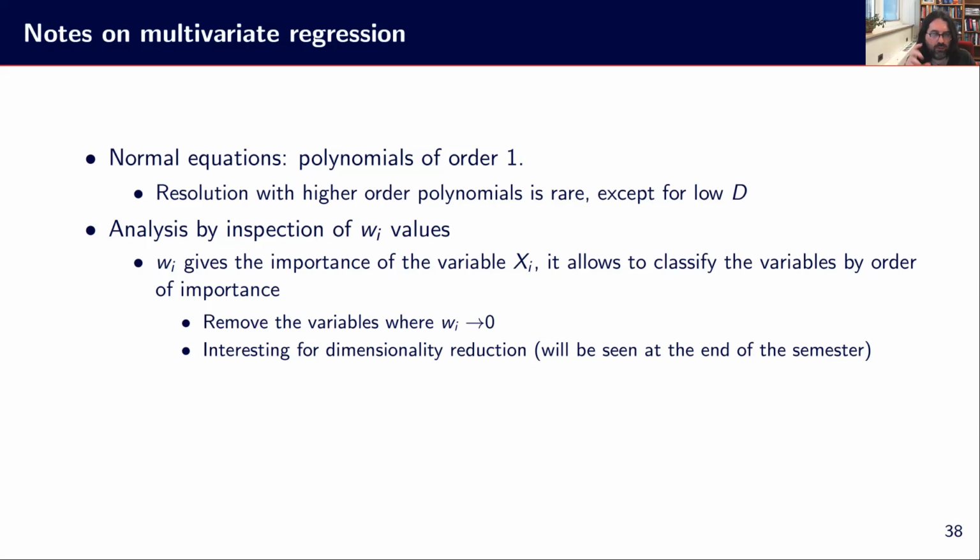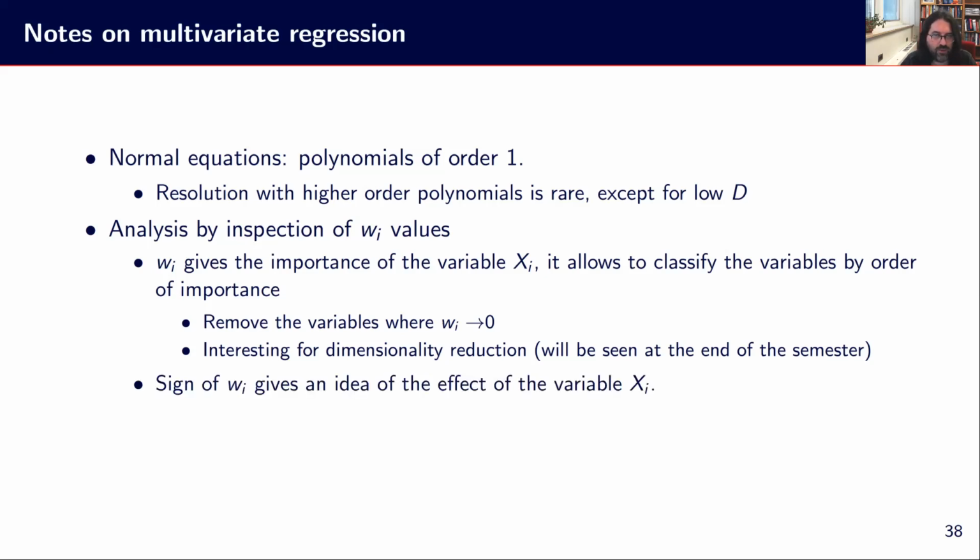If we know that the ranges of the variables are comparable, so that they are working in about the same range, we can look at the absolute values of the w's and rank them accordingly, and we can see the variables that are the most useful for making the predictions. And possibly we can remove the variables which have a really low value.